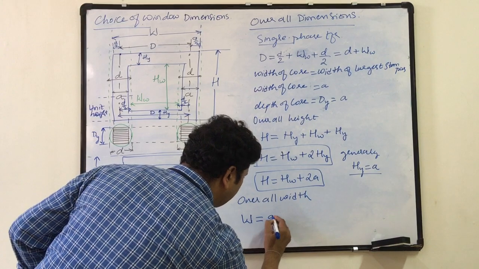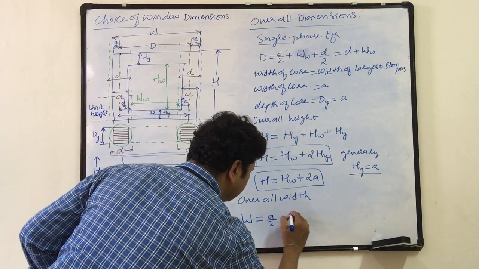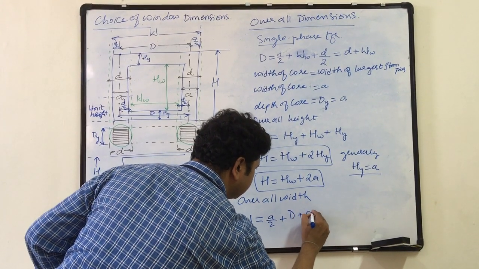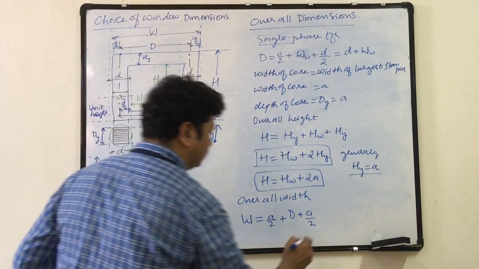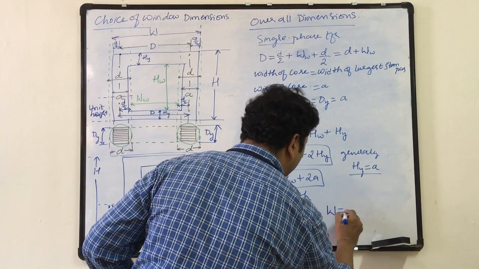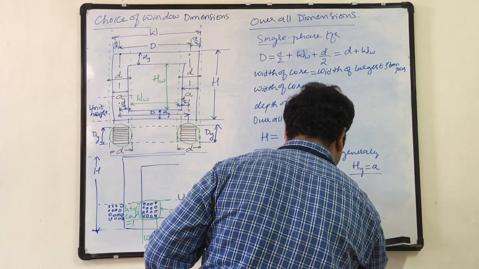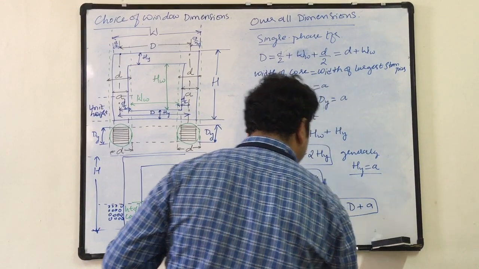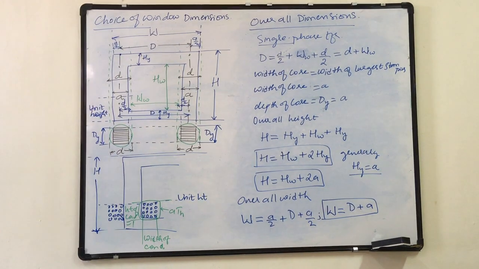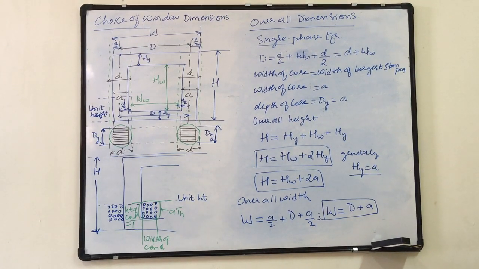So it will be A by 2 plus d plus A by 2. Okay, so the overall width is equal to d plus A. So these are the main dimensions, the overall dimensions of the transformer.